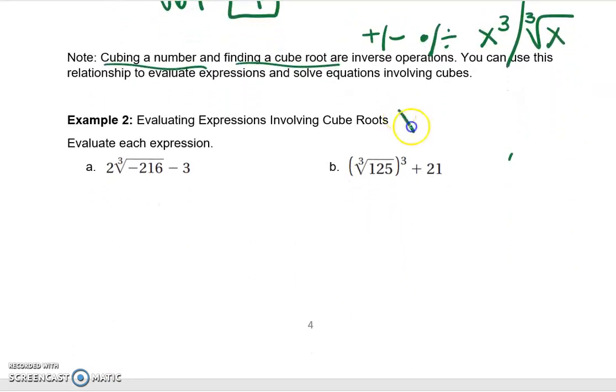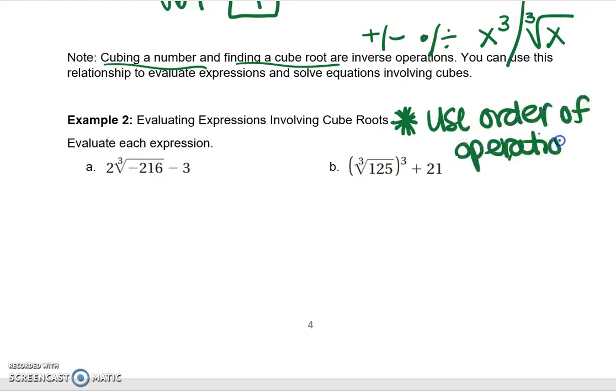The most important thing to remember, back to 6th and 7th grade, is you must use your order of operations. So we do our parentheses first, then our exponents, then we multiply and divide in the order that it appears, and then we add or subtract in the order that it appears.